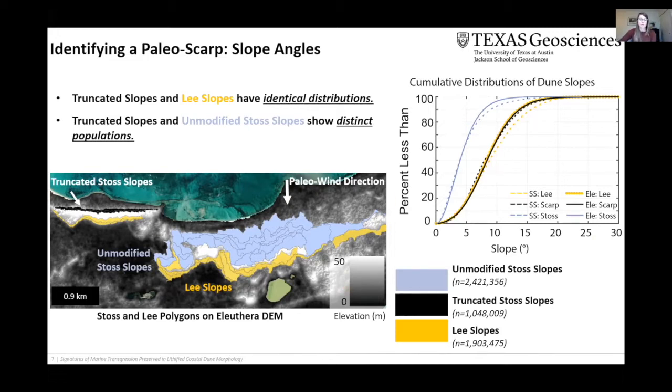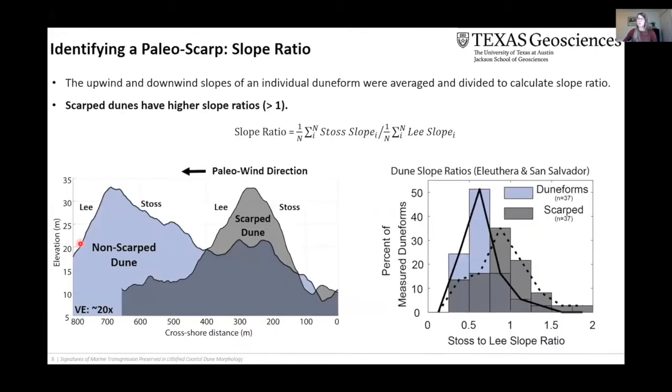So the next metric that we use for dunes is symmetry, using a slope ratio. To do this, we averaged all the slopes on the upwind side and all of the slopes on the lee side, and then divided the upwind by the lee, stoss by the lee. And here we have a couple of example profiles.